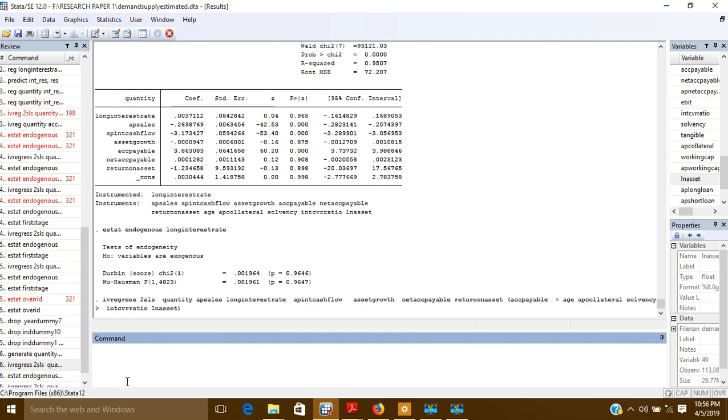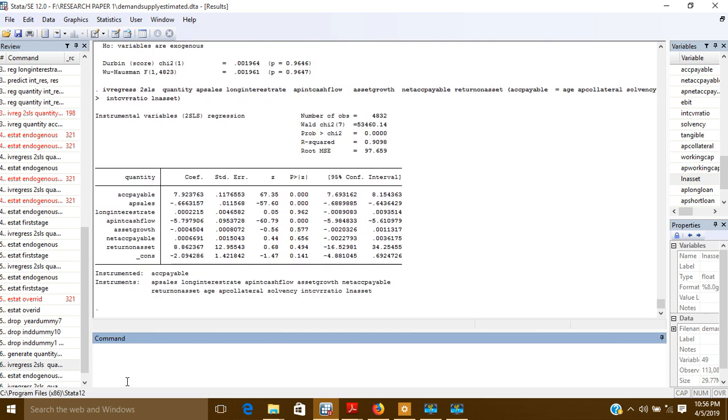Now again we will do the same thing, and again we will use the estat command, estat endogenous.